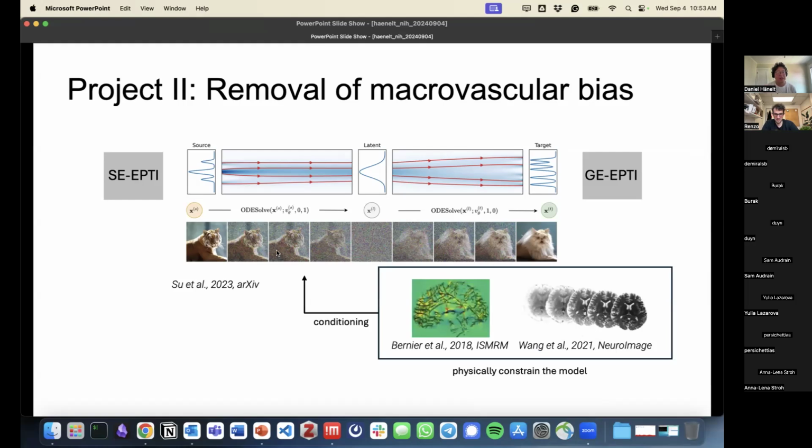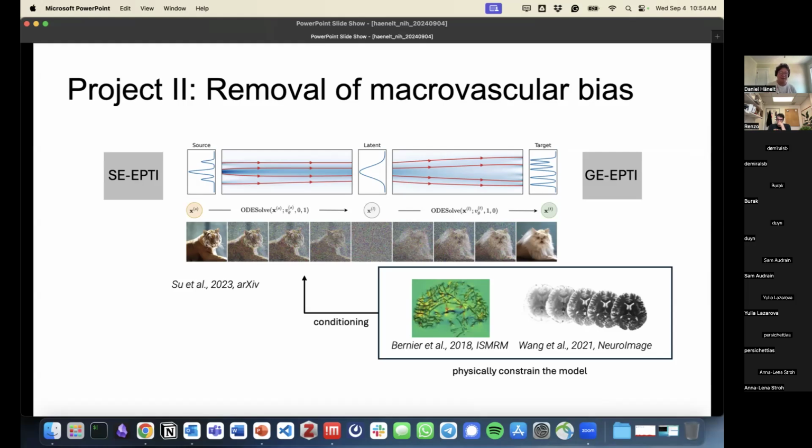Our idea is then to further condition this diffusion process using these echoes, but we also want to physically constrain the model by estimating extravascular field contributions from the macrovasculature.